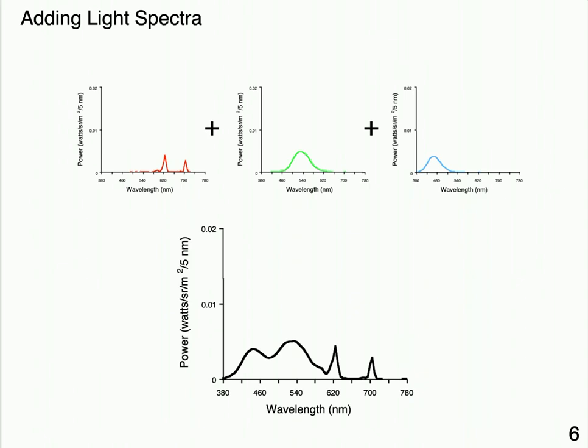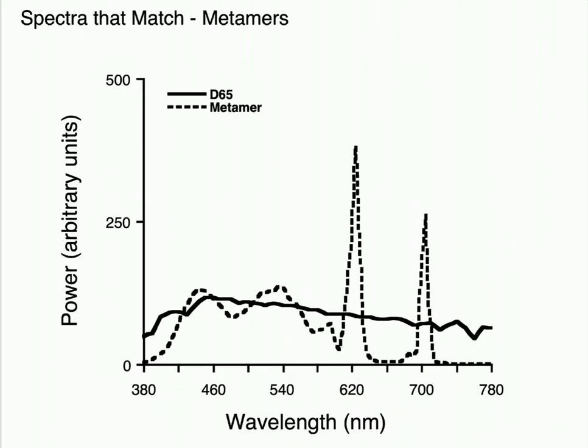If we took a test light like this and matched it, we'd get a match that was physically different. In this case, it would have the characteristic shape of the mixtures of the 3 primaries as a function of wavelength, and it would appear the same to a human observer. And that's the color matching result.